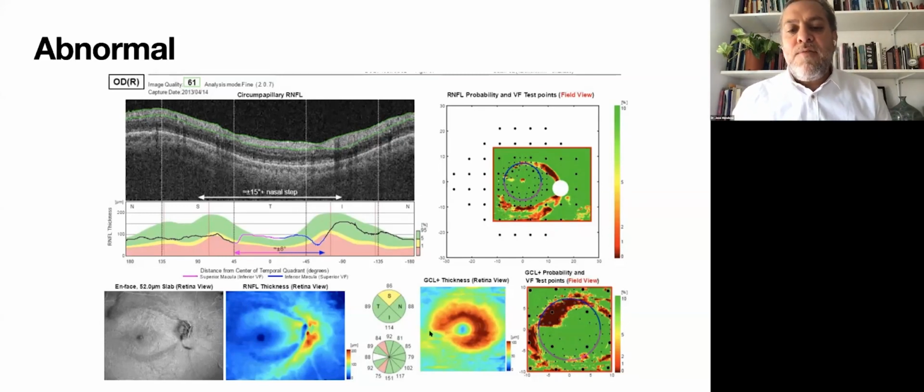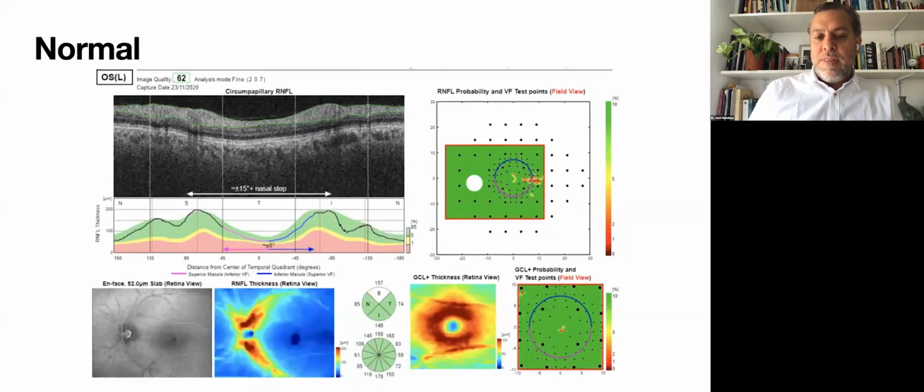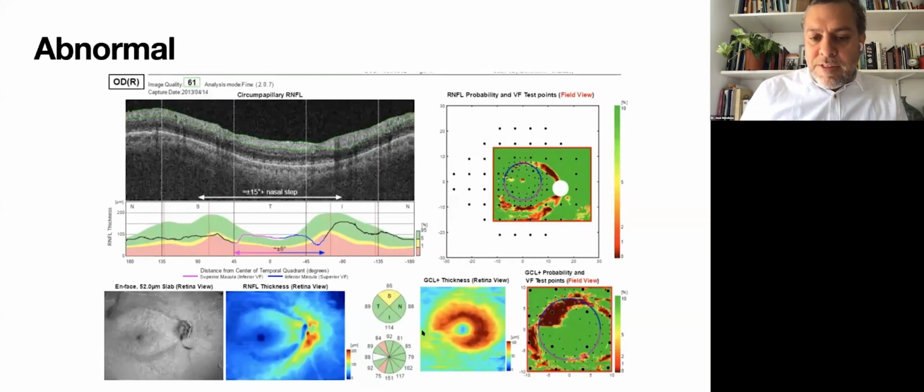Then we have the classic defect of the ganglion cell layer, and it will show the donut, typically the donut seen in the ganglion cell layer. Remember this one, this is normal. Here, someone has taken a bite from the donut. You see that there's something missing here, and this is the region of interest where the ganglion cell layers are affected.